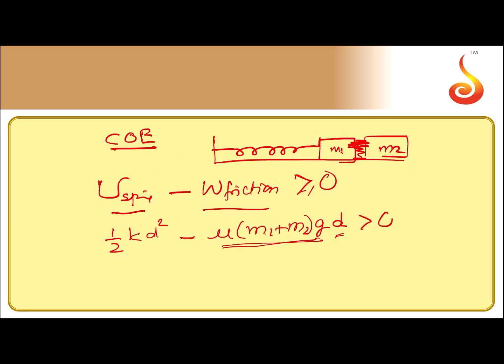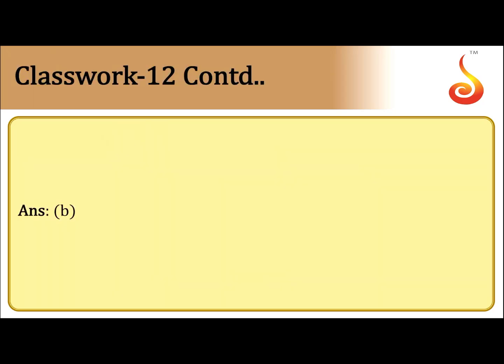So this must be greater than 0, or we write d should be greater than 2 times m1 plus m2 into g into mu, whole divided by k. So the initial compression of the spring must be greater than 2 times m1 plus m2 into mu into g divided by k. So B is our correct option.